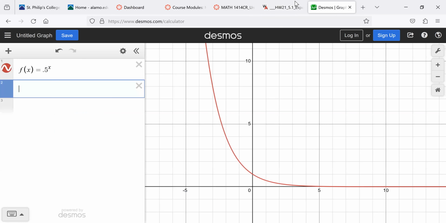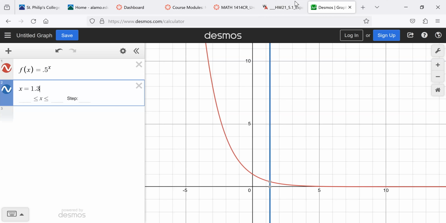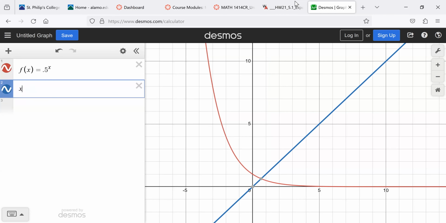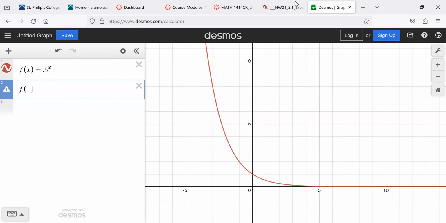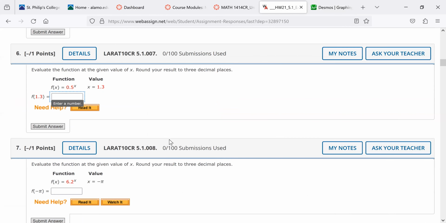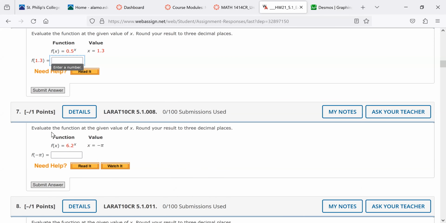So if x is equal to 1.3, sorry, f of 1.3, they want just this number. That's all. So they just want you to get comfortable, plug in the numbers, see what happens.